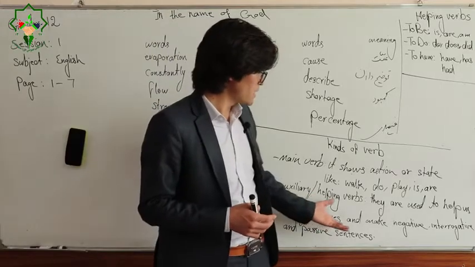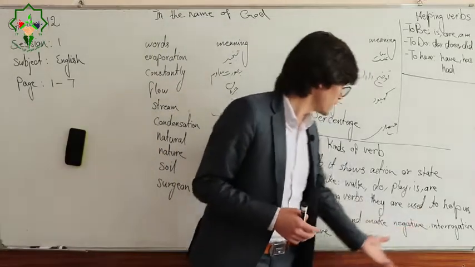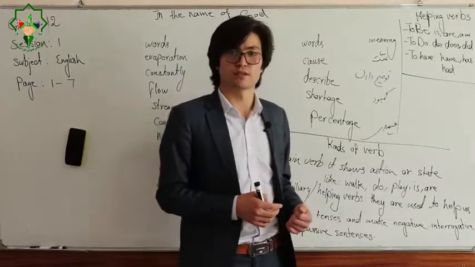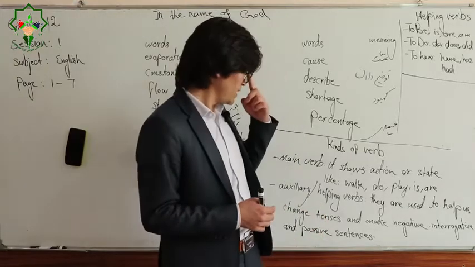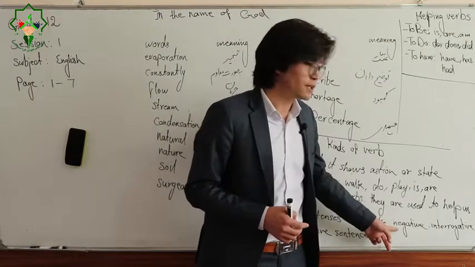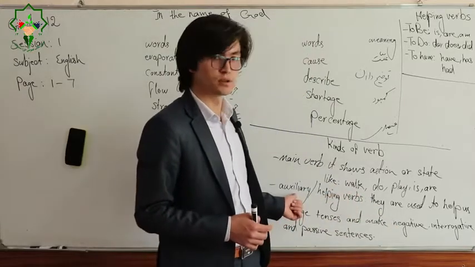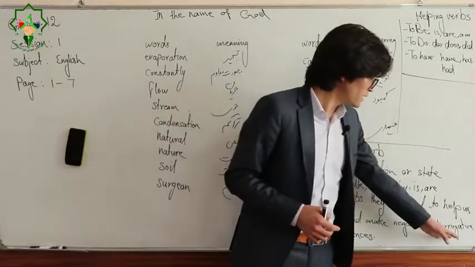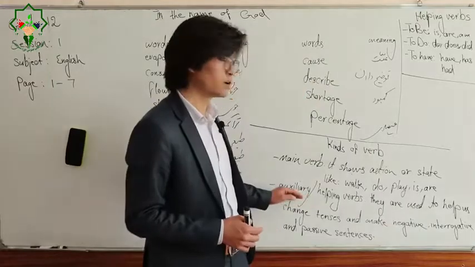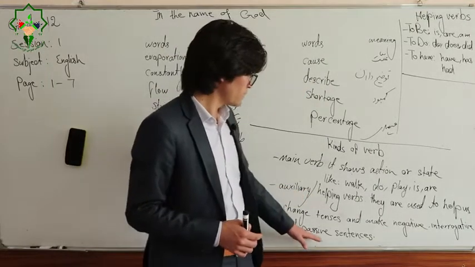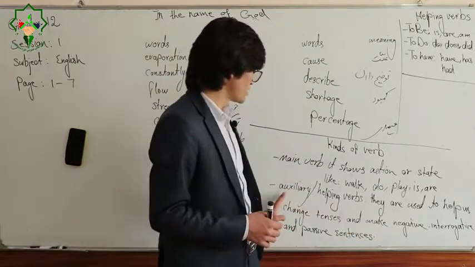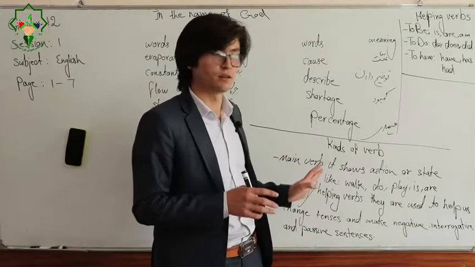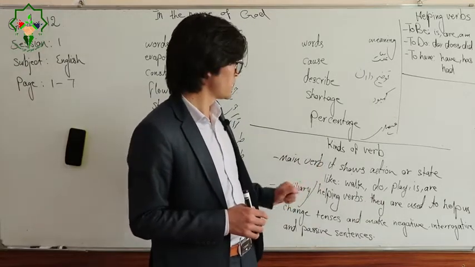They change tenses and make negative, interrogative, and passive sentences. We never can make a negative sentence without an auxiliary verb, an interrogative sentence without an auxiliary verb, or a passive voice without an auxiliary verb. So they are very helpful, and that is why they are called helping verbs.